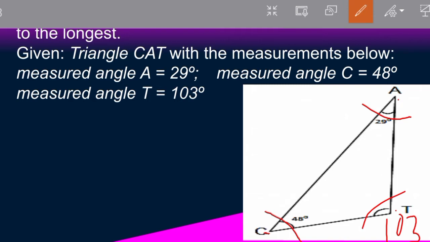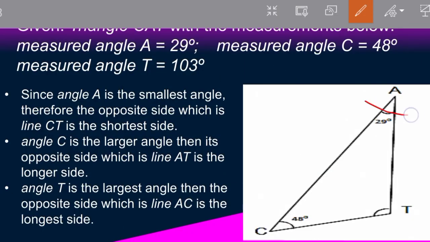Since angle A is the smallest angle, therefore the opposite side, which is line CT, is the shortest side.